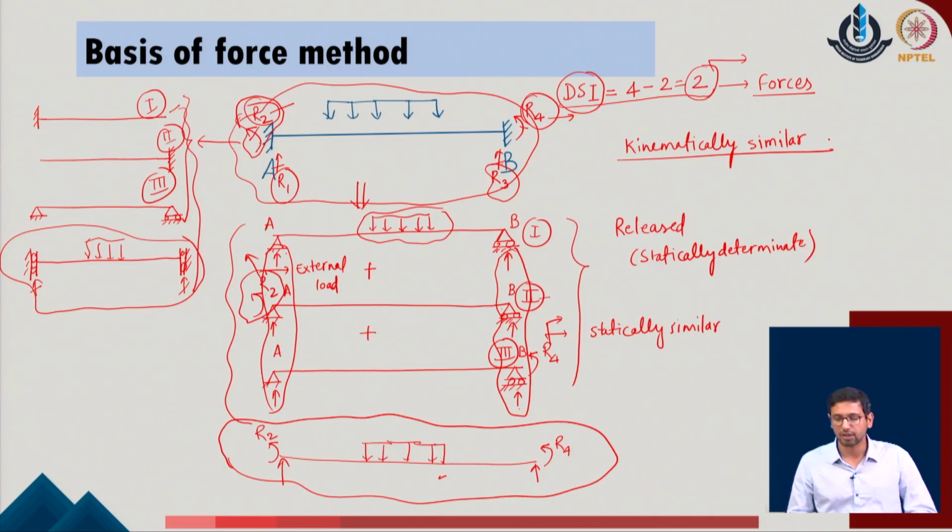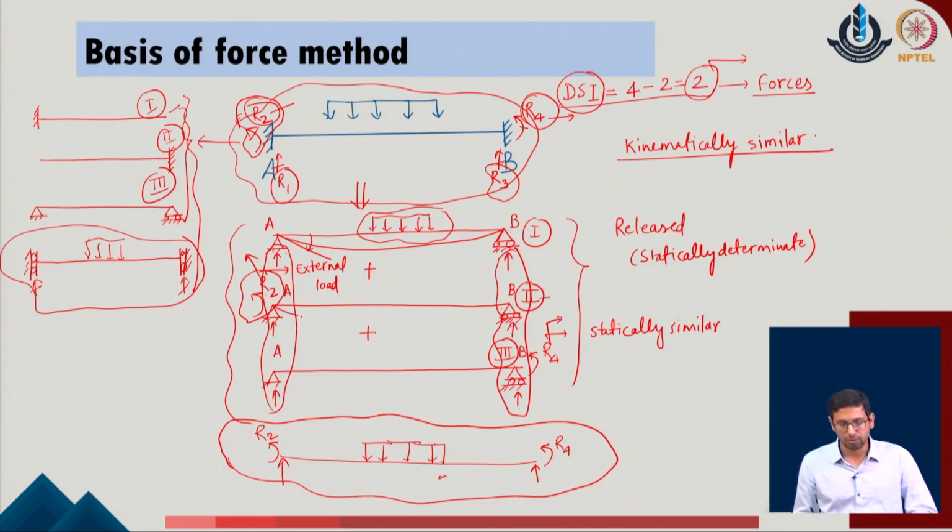So, what we mean by kinematically similar: when we look at the original system, we realize that at the point A the slope and the deflection are 0, whereas at the support B the system also has deflection and slope 0. Now, when I look at the given problem with respect to these three systems, with respect to the external load, I may have some slope appearing at this position.